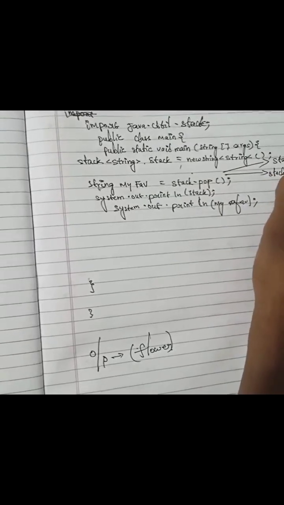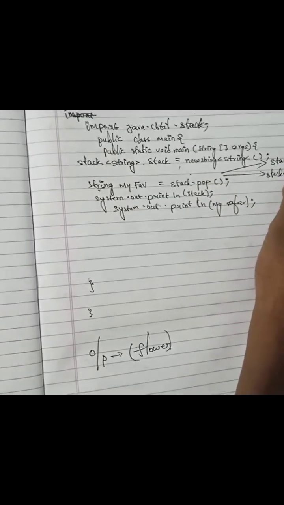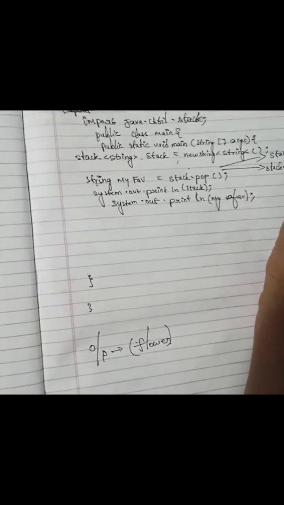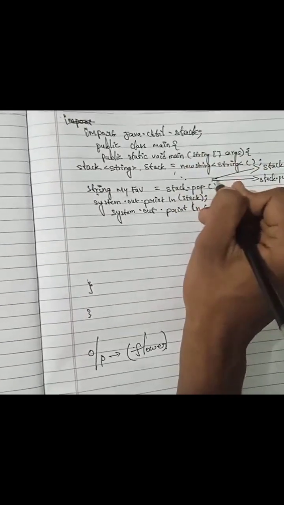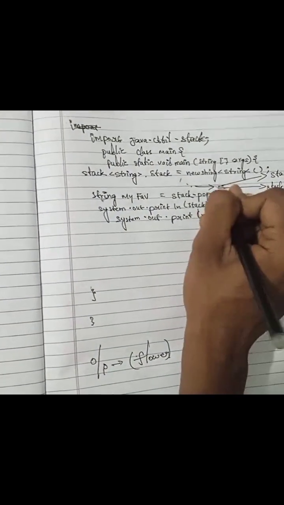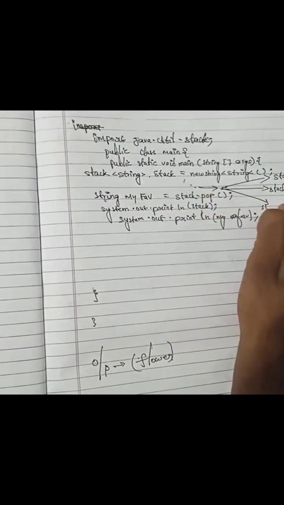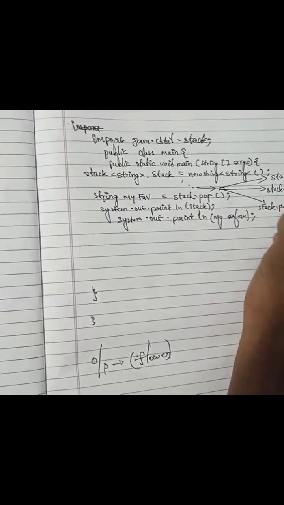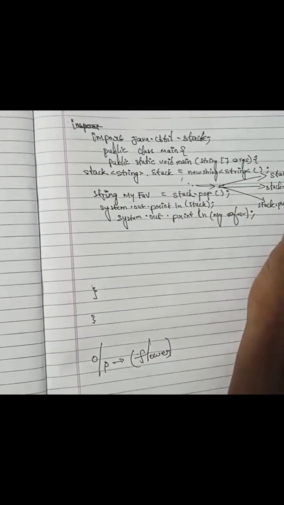Stack.push the bird here, but before this one we're going to add this. Then stack.push the flower here.